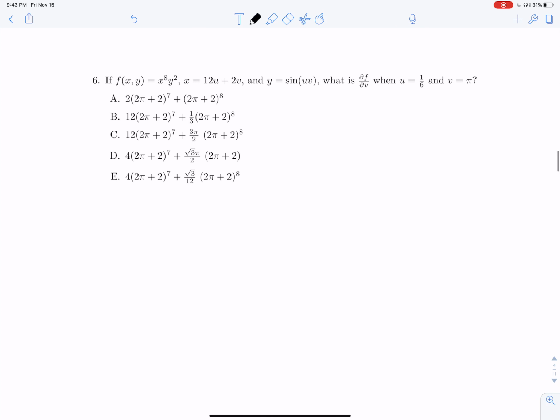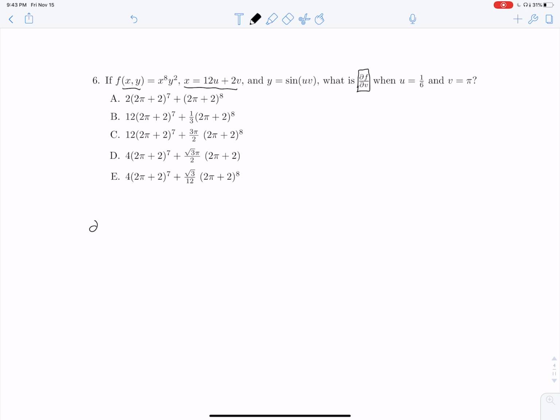Okay, question 6, we have a multivariable chain rule question to deal with. We know that for this, we're looking for the partial derivative of f with respect to v, where f is composed of x and y, which are composed of u and v.